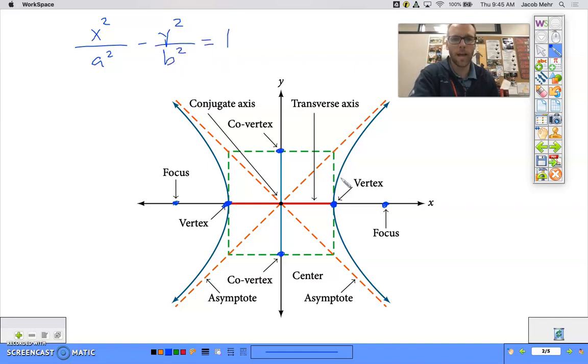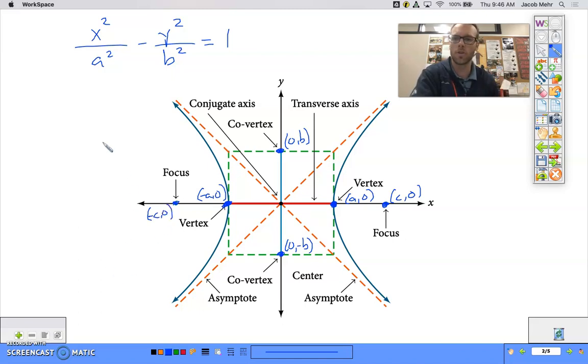That's the graph of this. And when that's the case, our vertices are at (a, 0) and (negative a, 0), just like in an ellipse. The covertices, just like an ellipse, are at (0, b) and (0, negative b). The foci are at (c, 0) and (negative c, 0), just like before.